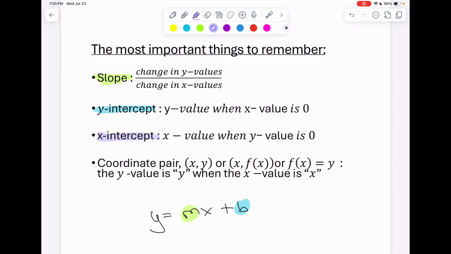The x-intercept isn't a constant here, but if you solve for the x value when the y value is 0, you'll get the x-intercept. The coordinate pair x and y, or you can say x and f of x, or when f of x equals y, it's basically the y value is y when the x value is x.